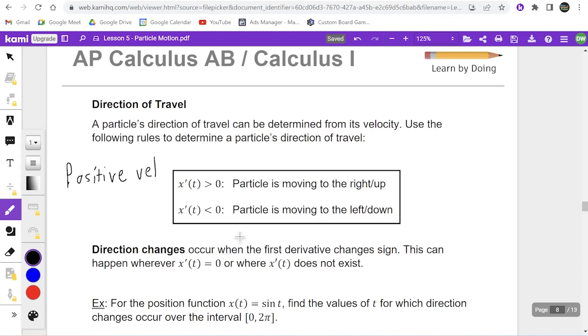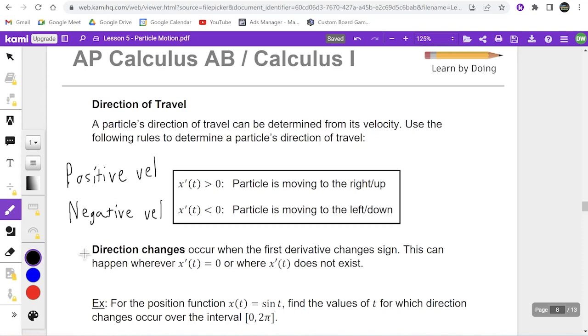And when you have a positive velocity, we would say the particle is moving to the right or up. And again, a particle is just a piece of dust, a ball. It's anything that can move up, down, left, or right. And then for it to be moving left or down, we're saying that it's a negative velocity. So that's what it is for a particle to be moving left and right and up and down.